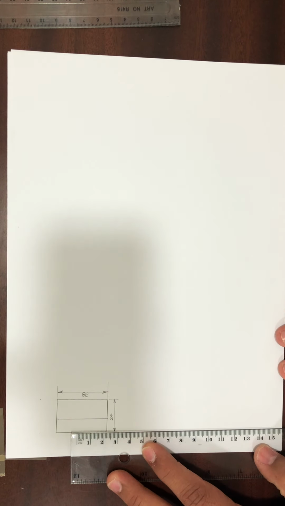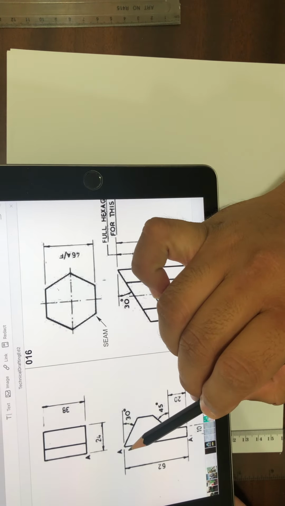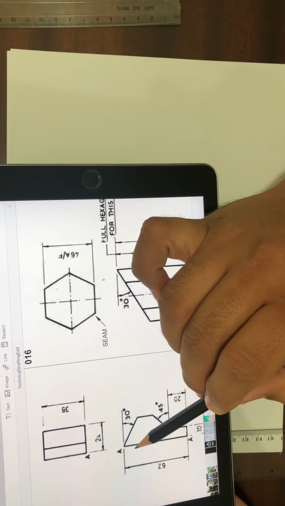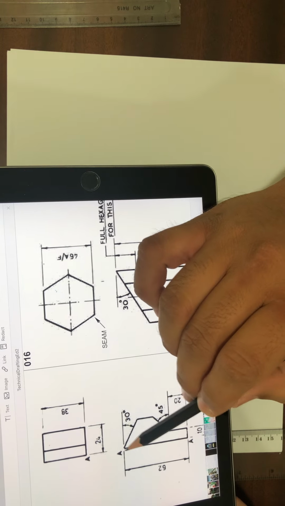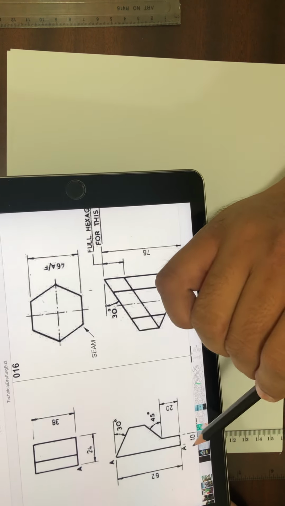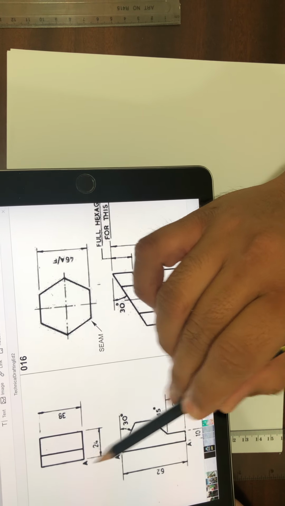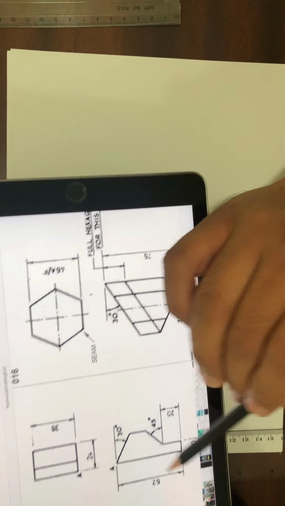So in order to make the front view, we must need a starting point. Okay, from this point it should be how much? 62. It should be exactly downwards. Yani this line should be parallel with this, exactly in line with this line.